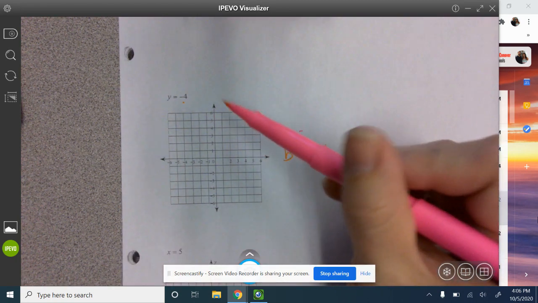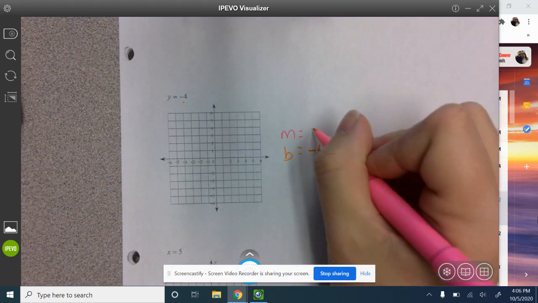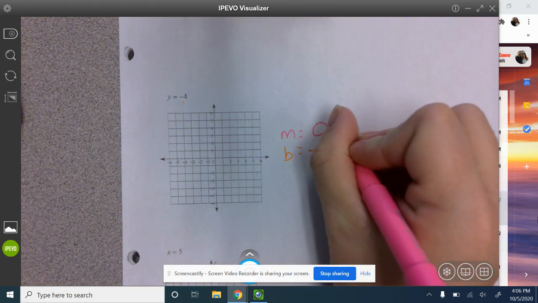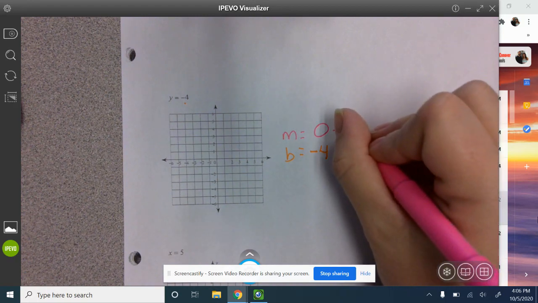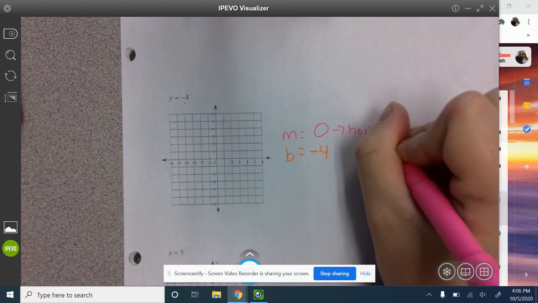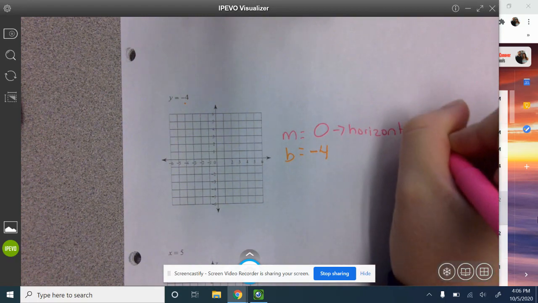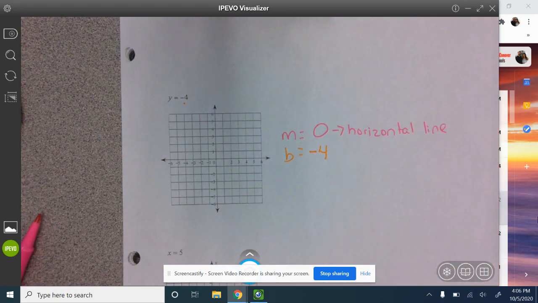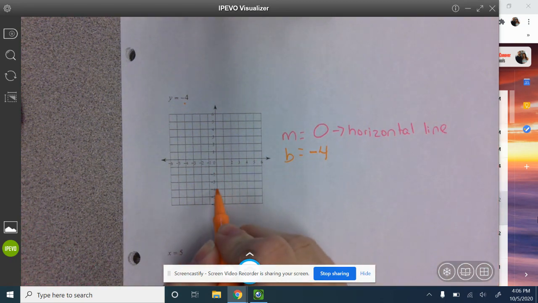I don't have an x up here, or any number with an x, so my slope would be 0. And remember, we talked about the other week, a slope of 0 will be a horizontal line. So to graph this one, I'm going to go to my y-intercept of -4, and I'm going to draw my horizontal line.